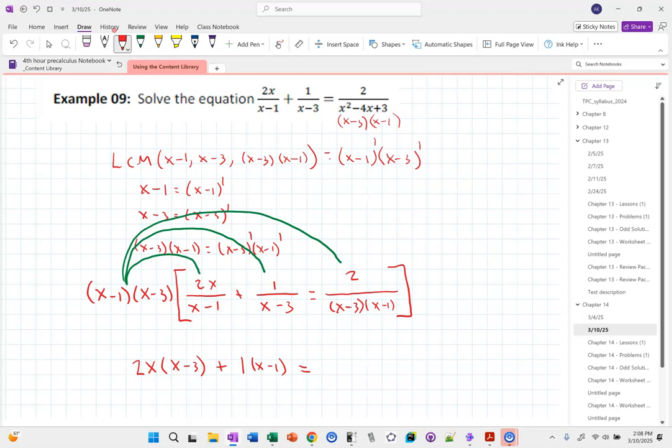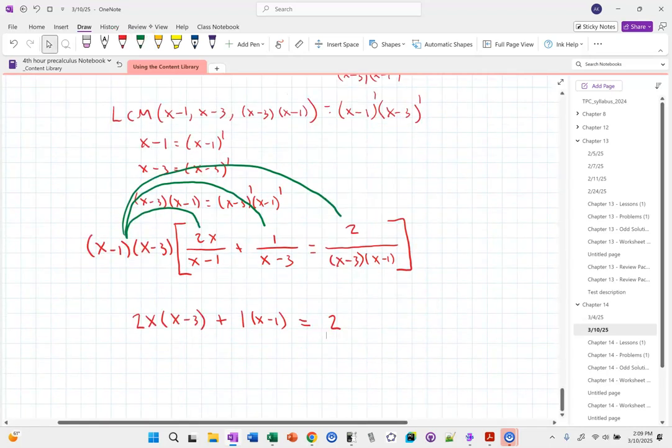And then when x minus 1 times x minus 3 is multiplied by 2 over x minus 3 times x minus 1, what reduces? The x minus 3 and x minus 1. The only thing that's left then is the 2. Does that look okay to everybody?